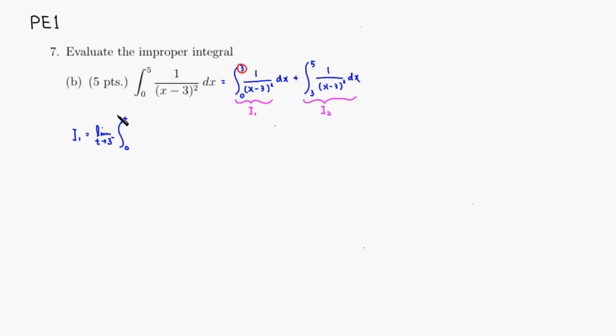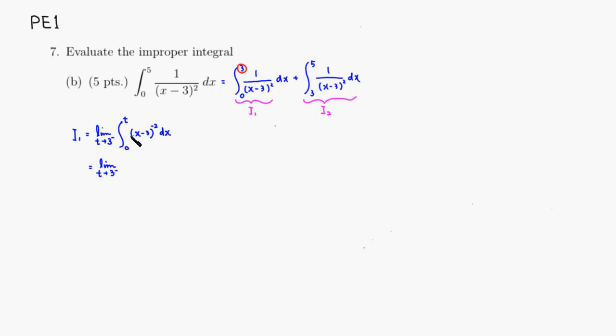The integrand, can I rewrite it as quantity x minus 3 raised to the negative 2, with respect to x. Then we still have the limit as t approaches 3 from the left.